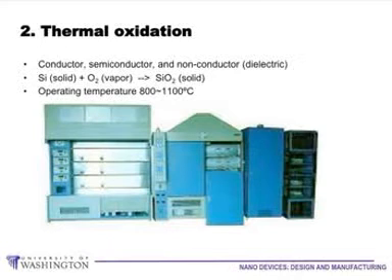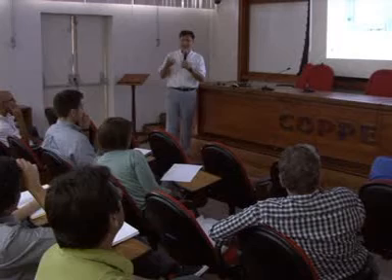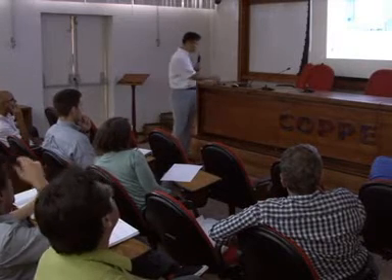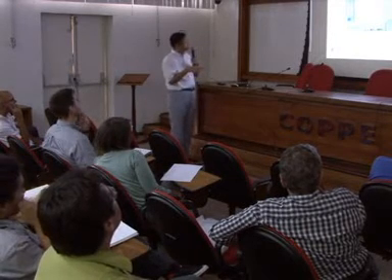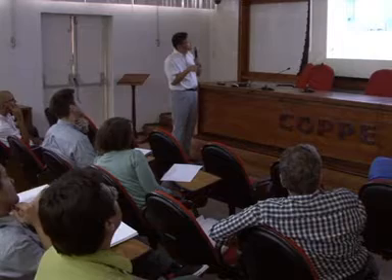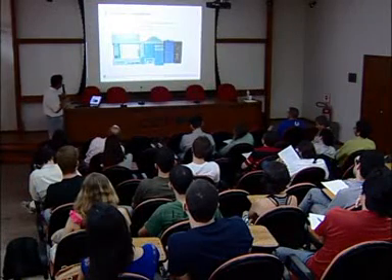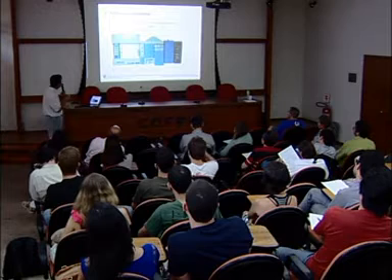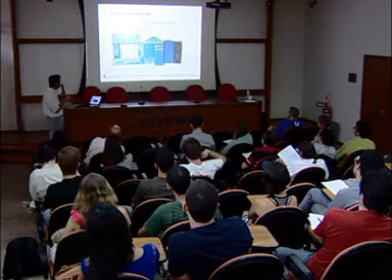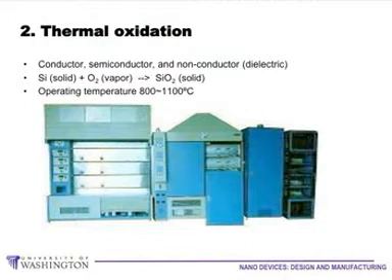Another process is thermal oxidation. We have a silicon wafer, then we use this kind of chamber. In the chamber, the temperature goes up to about 1,000 degrees Celsius, and then the silicon is oxidized, and we can get an amorphous silicon oxide layer.